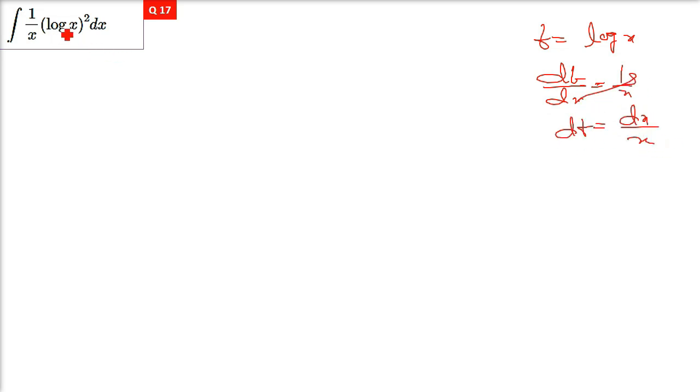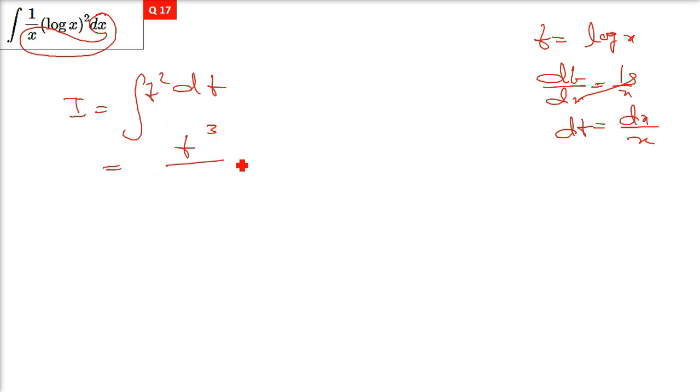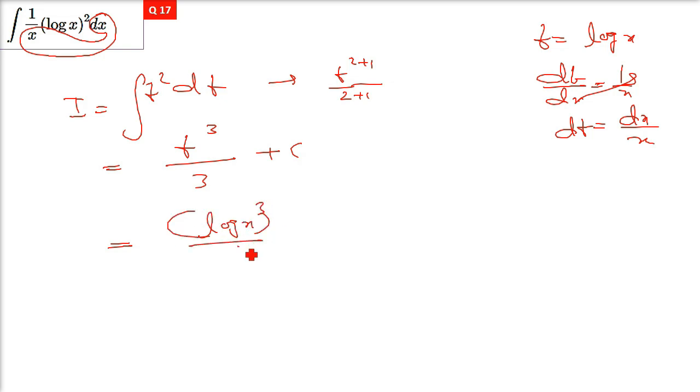This dx by x is what we have here, and that will form integration of t dt, since log x was t. So t will be t raised 1 plus 1 divided by 1 plus 1, t square by 2. Wait, plus constant of integration. T was log x. So just write it as log x whole square divided by 2 plus constant of integration. This is the final result.